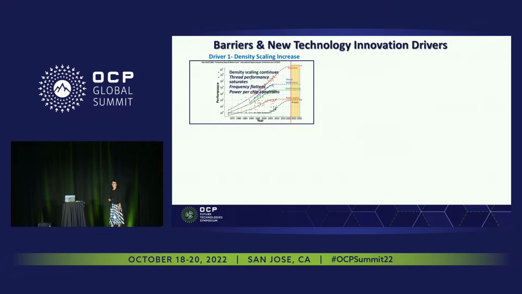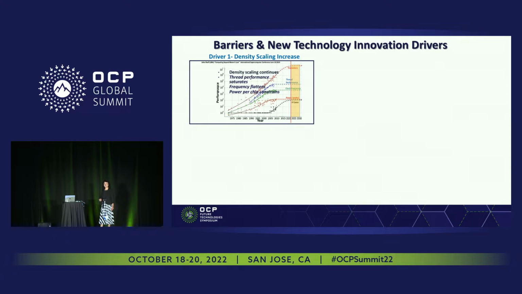So let's look at advanced packaging, the trend, and also the performance requirement. The first chart here shows Moore's law is slowing down. Everyone talks about this. The number of transistors keeps increasing, however, the performance, especially the single thread performance, has reached a plateau.